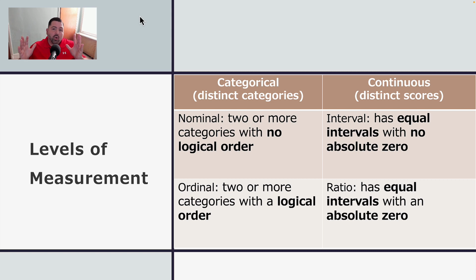And so when we have these categories, but they can be organized in some meaningful fashion, we can bring them from the perspective of smallest to largest, largest to smallest, etc. So if the variable is categorical and you can organize them in an orderly fashion, we would label that as an ordinal level of measurement.